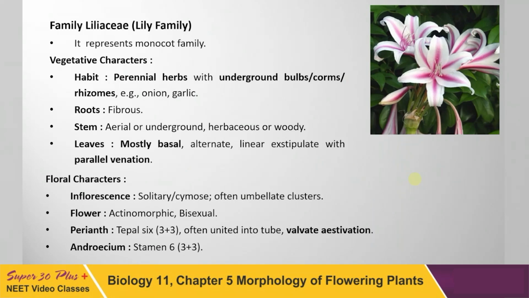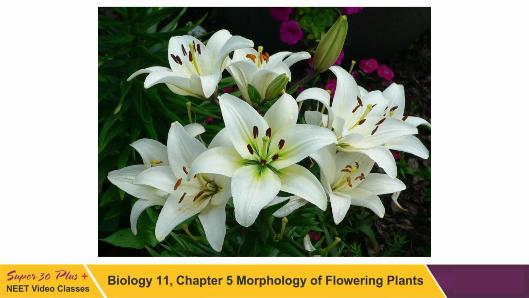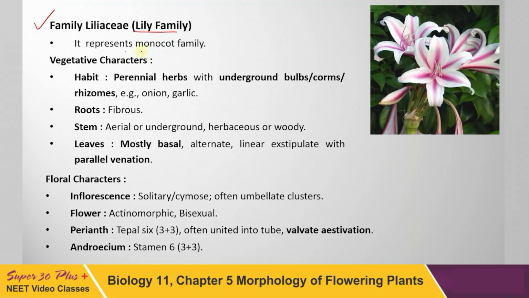The other family we have here is the family Liliaceae, the lily family. This is the only family in your course which represents a monocot family. You must have seen lily flowers. You can count 1, 2, 3, 1, 2, 3. There are 3 tepals.